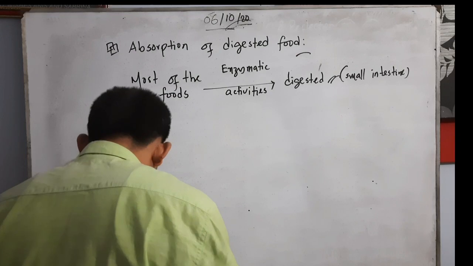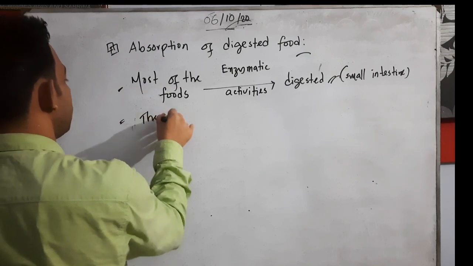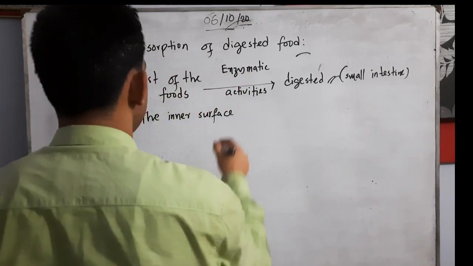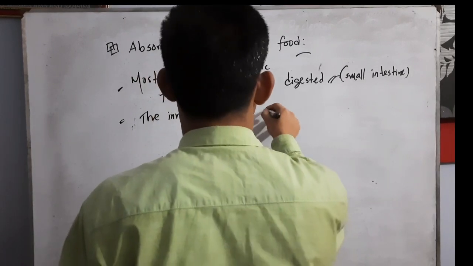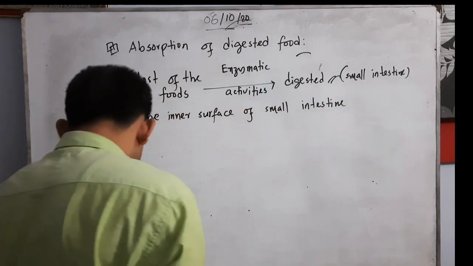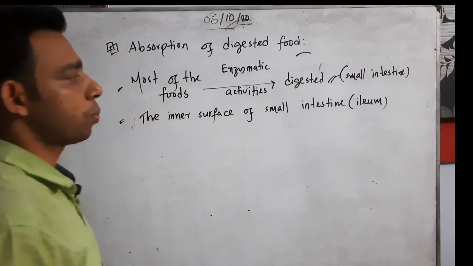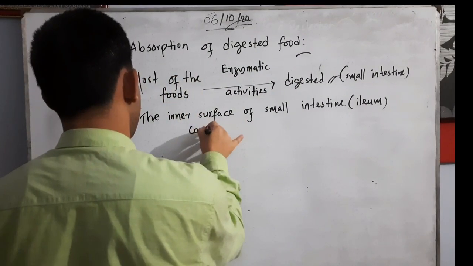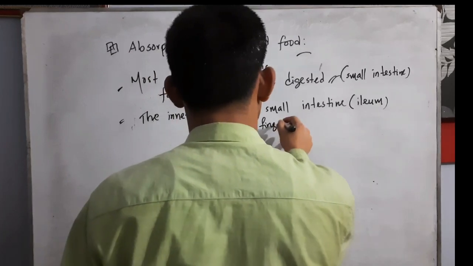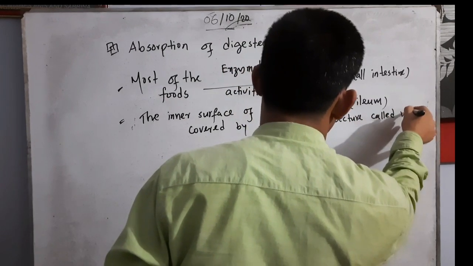And then also, the inner surface of the small intestine, like the ileum, is covered by finger-like structures called villi.